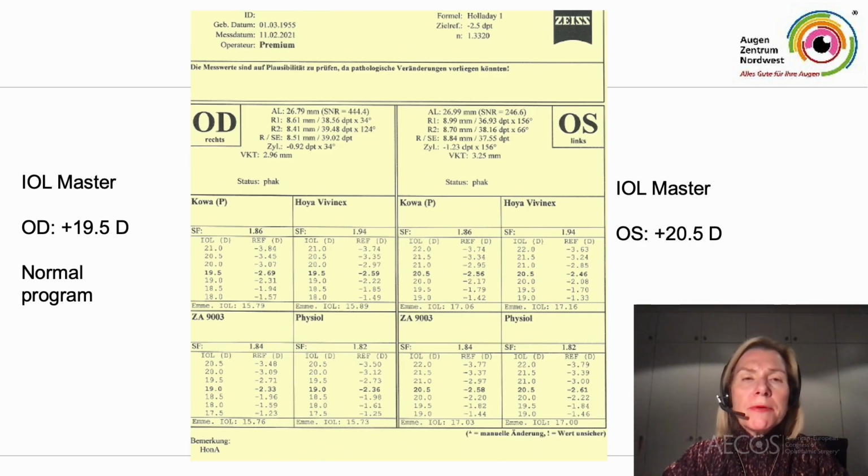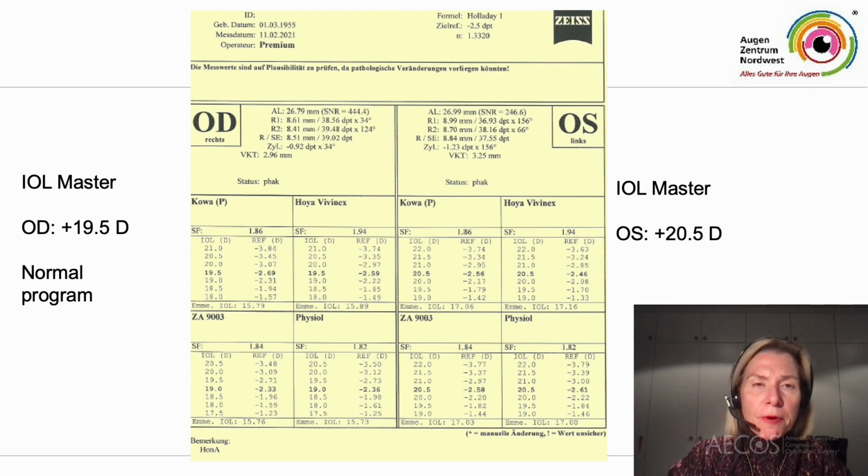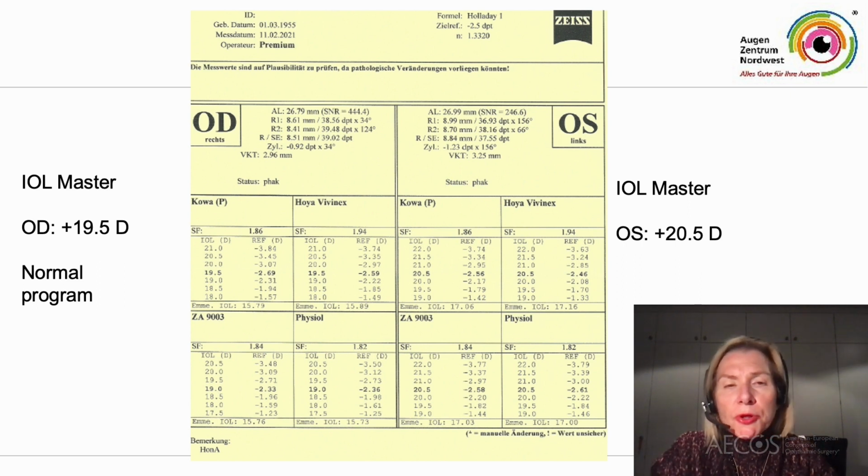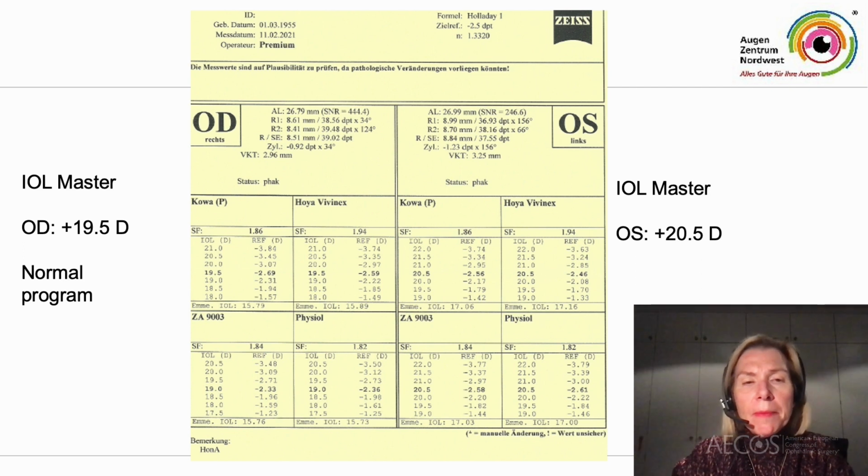We did biometry with a Holladay formula, knowing that it is not the right formula for a patient having had refractive surgery. But nevertheless, you have a guidance of where you should reach. For the right eye, we had a 19.5 diopter Hoya lens, and for the left eye, a 25 diopter lens.